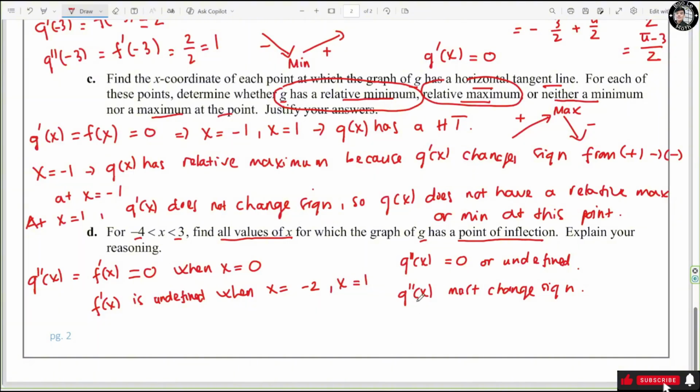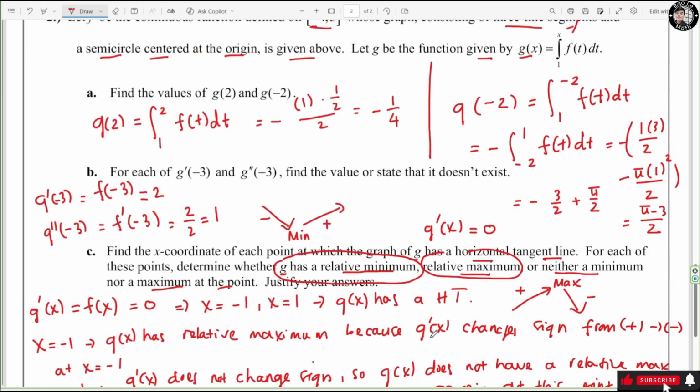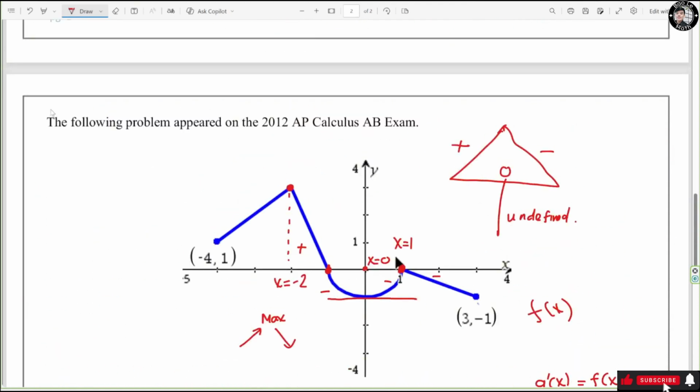Now we need to check where g double prime of s changes sign. So look at this one right here. The line is going up right here, the slope is positive. The line is going down, the slope is negative. So this one changes sign, so s equals -2 works. This guy negative and this guy positive, so this one works.